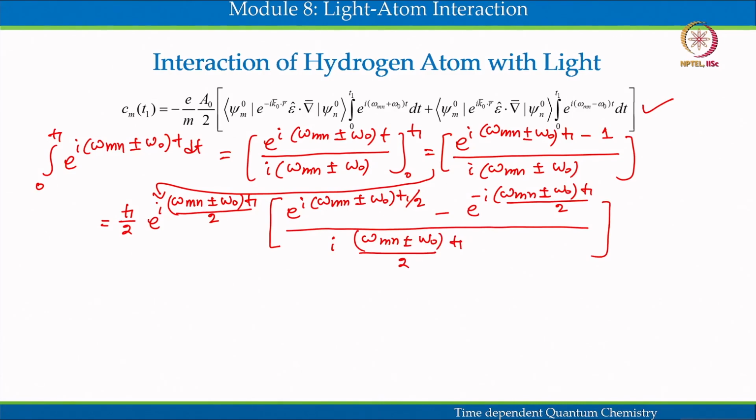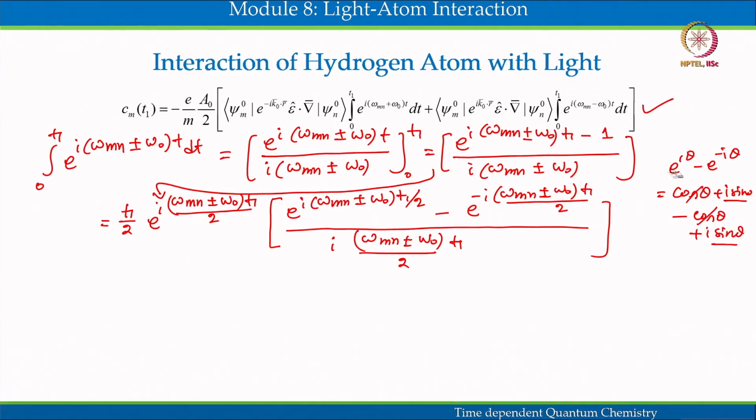So if we do that, then we can immediately simplify e to the power i theta minus e to the power minus i theta. This can be written as cos theta plus i sin theta, then minus cos theta minus i sin theta. So I get 2i sin theta.